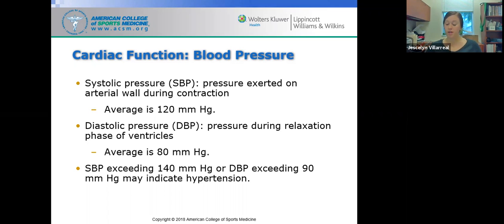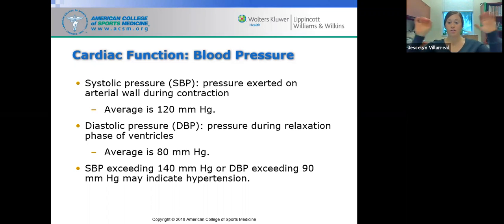So the definition of blood pressure is the product of the amount of blood pumped from the heart, and that would be cardiac output, and the resistance of flow encountered in the vessel, which would be total peripheral resistance. So when the heart beats, blood is propelled from the left ventricle into systemic circulation.